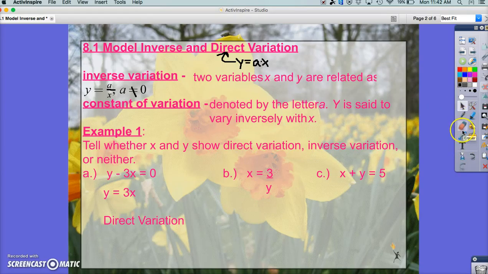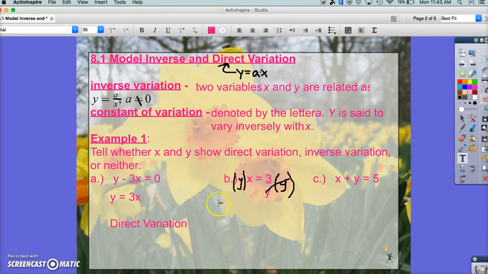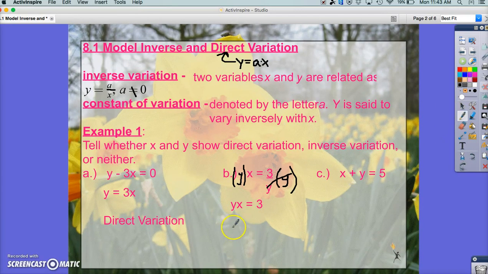All right. Now for the next one, it is not in y equals form. First step we want to do: you see that y is in the denominator, it's being divided by y. Let's multiply both sides by y. I don't want it in the denominator here. From here, I'm going to get yx equals 3. Now, we still don't have y by itself.